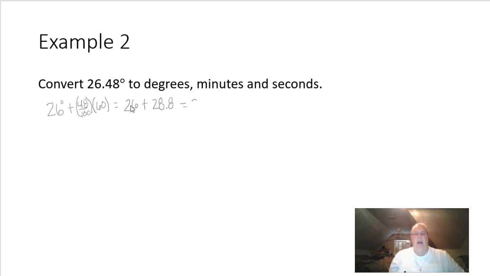This means we have 26 degrees and 28 minutes. And now we're going to take 8 over 10, and we're going to multiply that by 60 because there are 60 seconds in 1 minute.